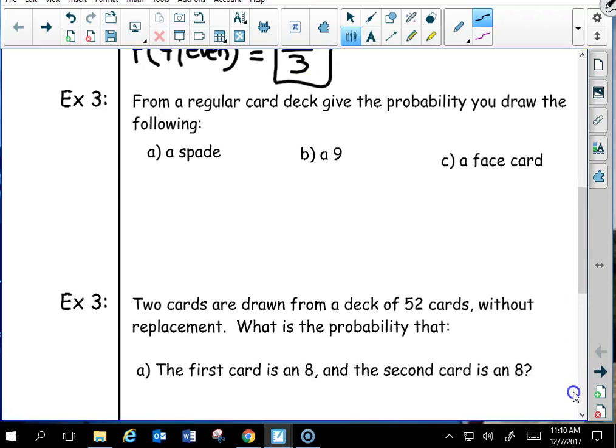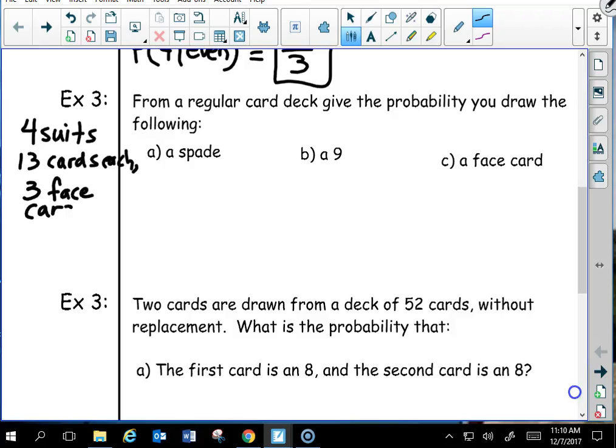All right, so a regular card deck, given the probability, you draw the following. By the way, a regular card deck has 4 suits with 13 cards each. And out of those 13 cards, 3 are what we call face cards. 13 cards each, 3 face cards, which means you have 10 number cards.